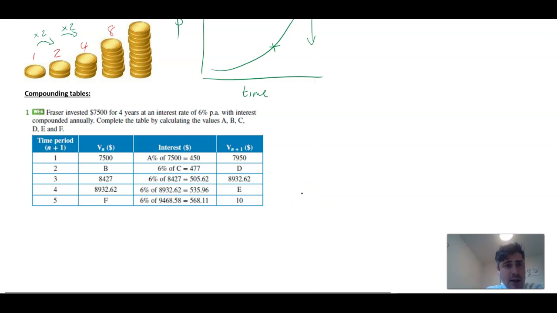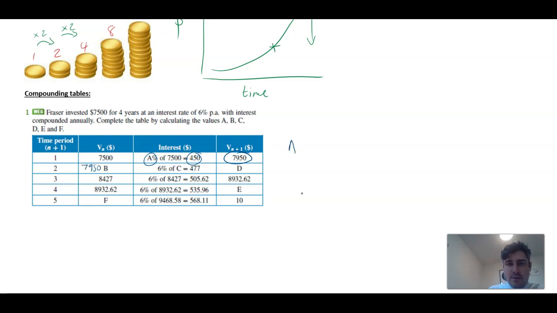To start with, we're going to have our starting amount, 7,500, which is effectively V0, and we're going to apply the interest A, we don't know what A is, to give us $450 of interest, and that's going to be added on. And then that gets carried over to the next period. So this next period here you'd expect to be 7,950.